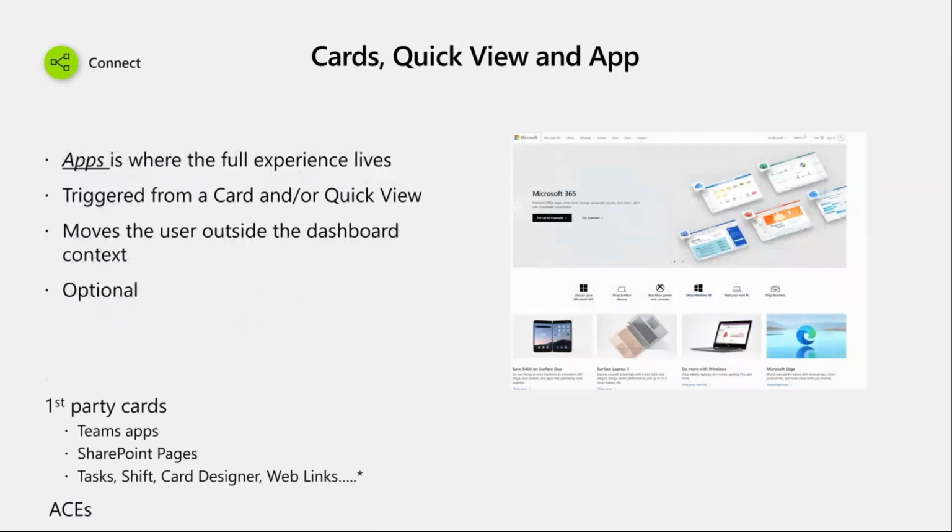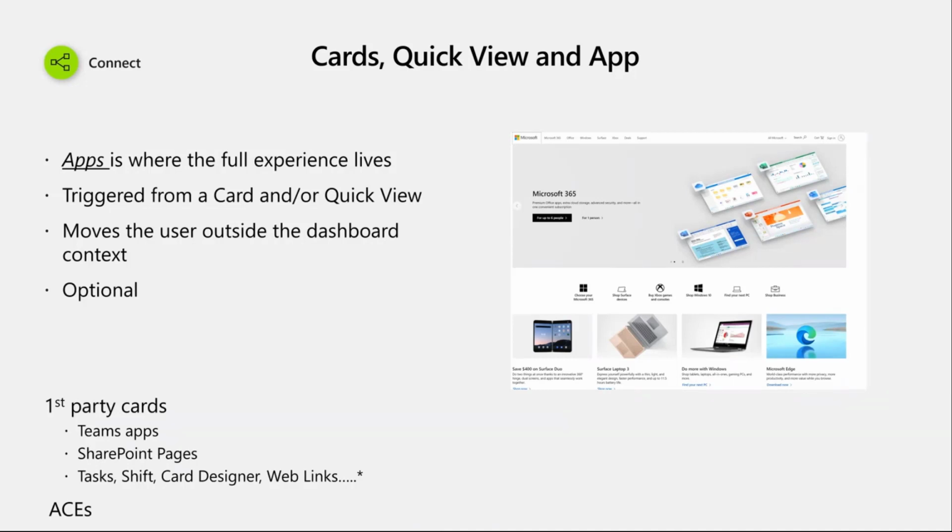And then you can also, as I said, extend and connect your experience to an app, which can be triggered directly from the quick view and the card. That's another important piece of information to think about. There is no sequence here. The flow is not sequential. It's not that in order for you to trigger an app, you have to create a quick view. The card is the only one that is required, again.